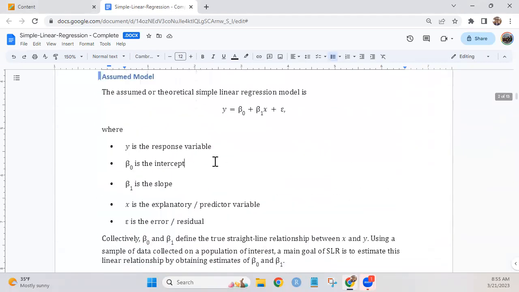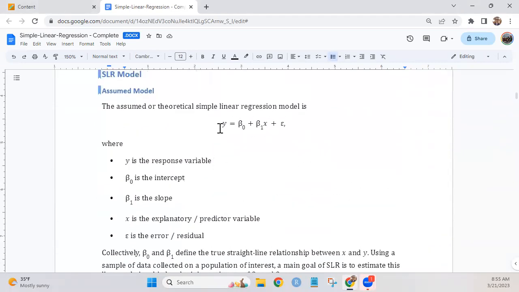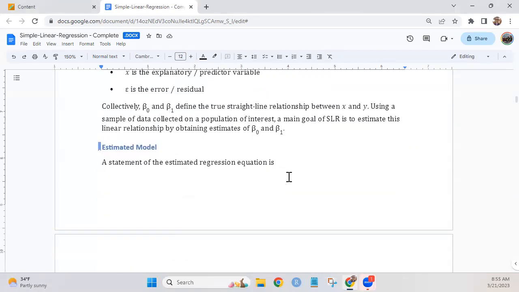Okay. So this theoretical model, or this assumed model, is what we're assuming holds true in the population here. When we use a linear regression model, essentially what we're going to do is try and estimate these two beta terms so that we can get an estimate of the true straight line relationship between x and y.